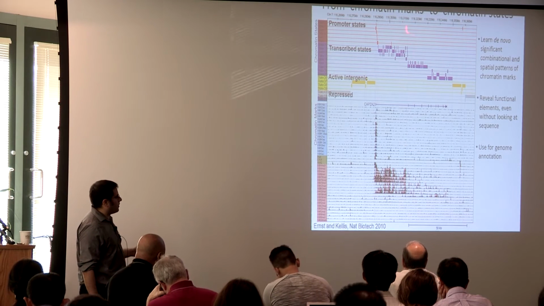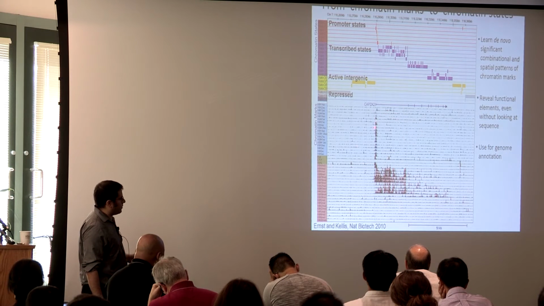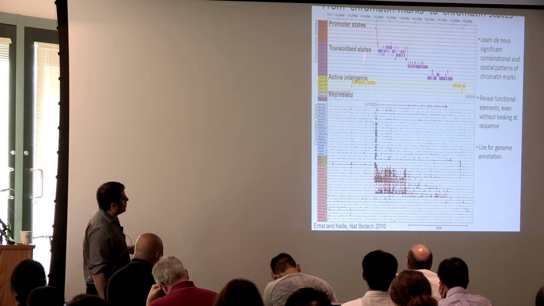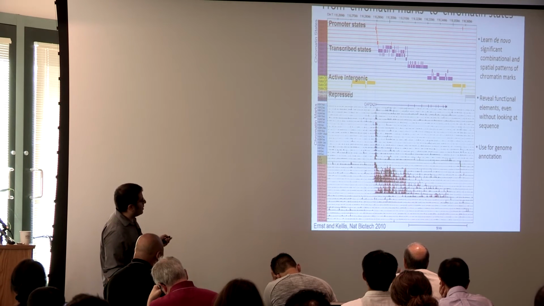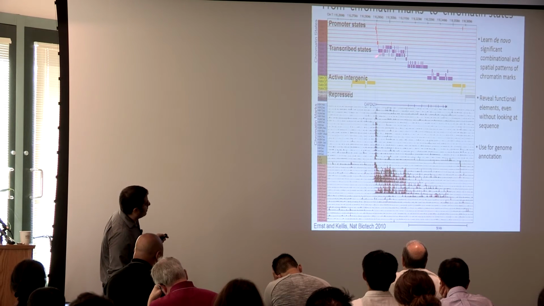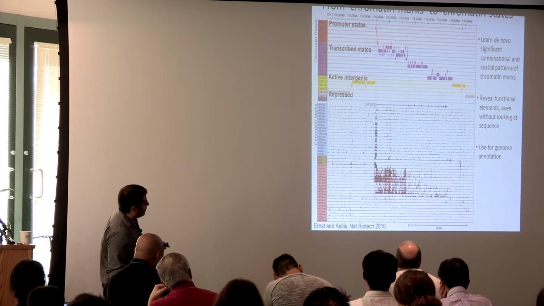This would be based on the combinatorial and also spatial context of the various modifications. So we would take data like this, learn a finite number of patterns, and then assign each location to one state. I'll talk more about this in the coming slides.